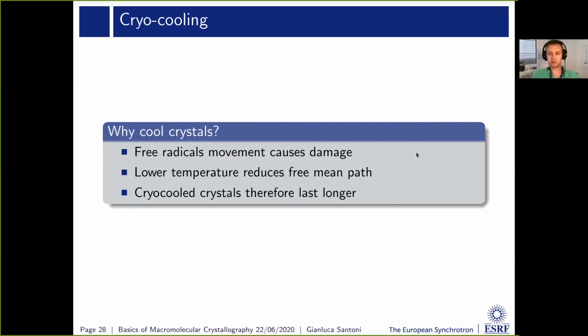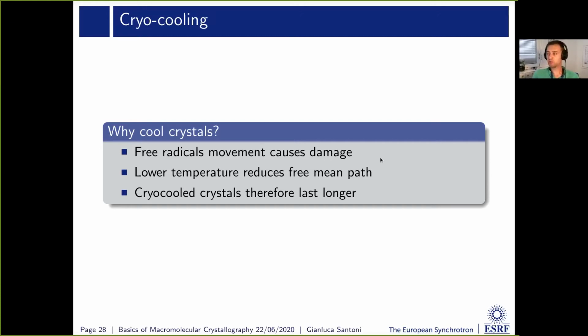What we do then for the experimental setup is that we set everything at 100 Kelvin, corresponding to minus 173 degrees Celsius. At this temperature, free radicals can basically not move, because their mean free path is reduced by a lot. So the only kind of free radicals that can move around are actually electrons. And so due to this, a cryocooled crystal will last longer in the beam.